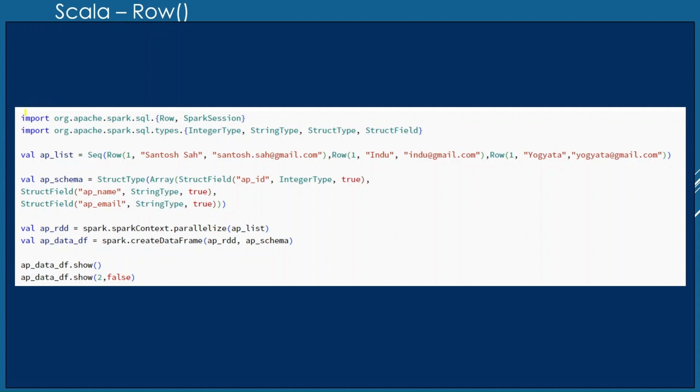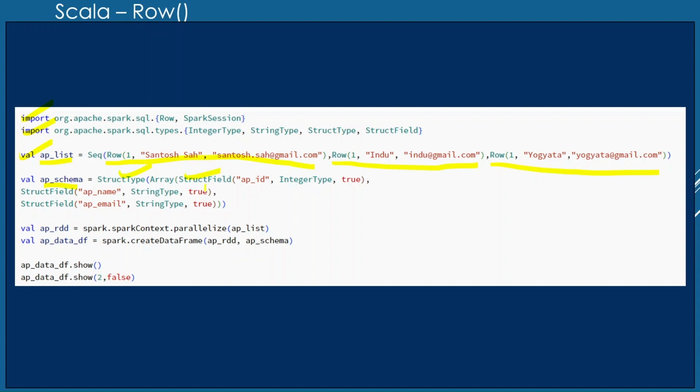What I am doing here is importing all the required variables. Here I am creating an object. This object is going to store three raw objects. We are defining the schema with the help of StructType and StructField.